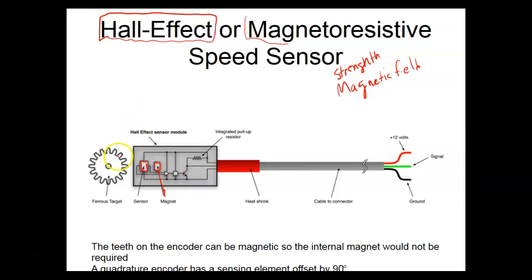And then, of course, when the wheel spins by, the teeth concentrate the magnetic field, which causes the output of either the magnetoresistive or Hall effect sensor to change. And of course, this would give us a pulse for every gear tooth, which we could measure and get that over time, right? Everybody okay?